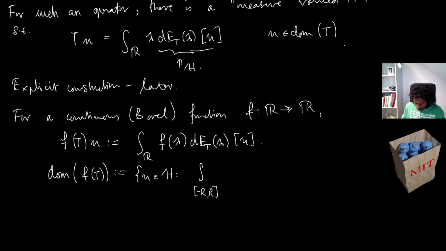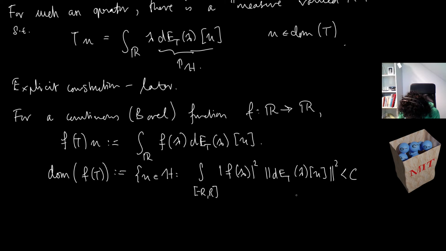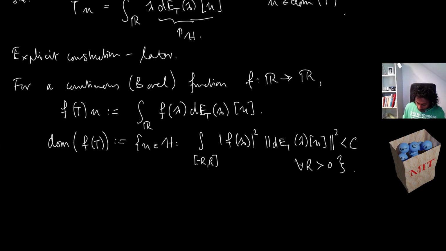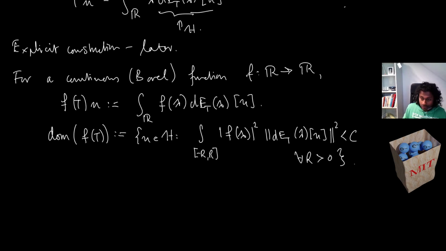Because we're dealing with continuous things, we can just truncate: the integral of |f(lambda)|^2 d||E_T(lambda)u||^2 is bounded by t for all r. Okay, so it's just the u for which this integral is absolutely convergent.